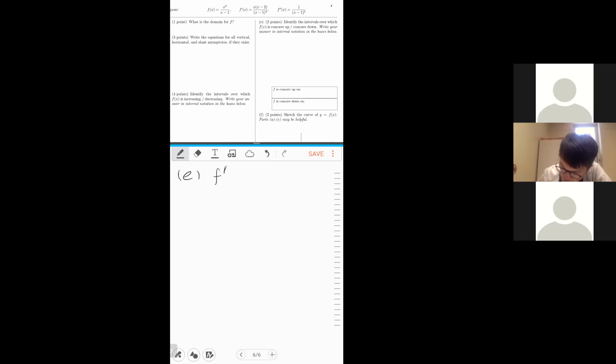Okay, so the second derivative is 2 over (x minus 1) cubed. And so how do I find inflection points?